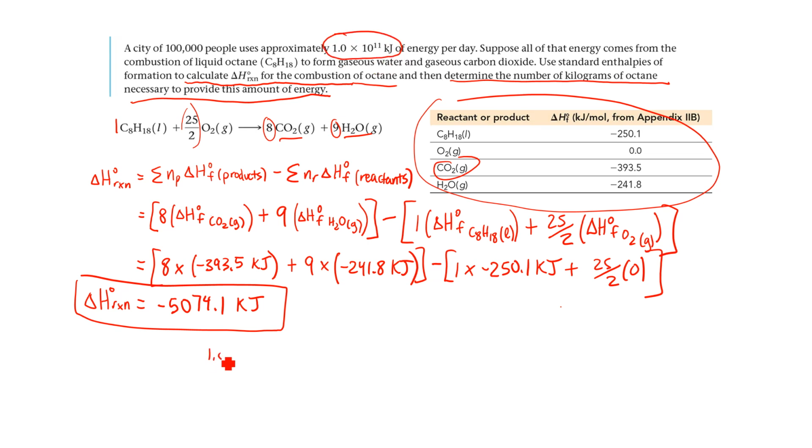So if I have 1.0 times 10 to the 11 kilojoules of octane that was burned, well, I know that for every 1 mole of octane, C8H18, I use this amount of energy: negative 5,074.1 kilojoules.